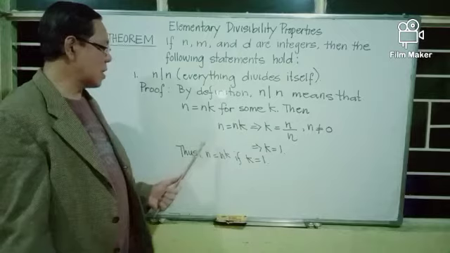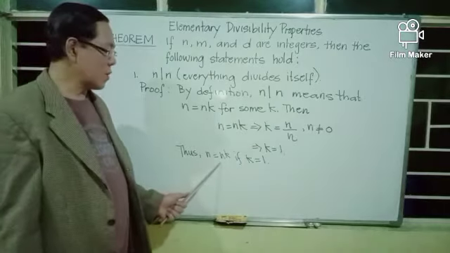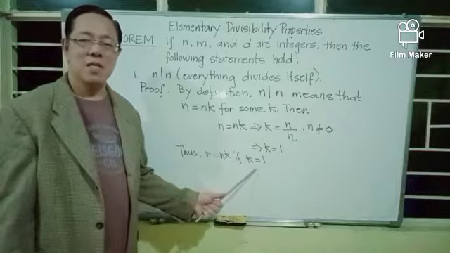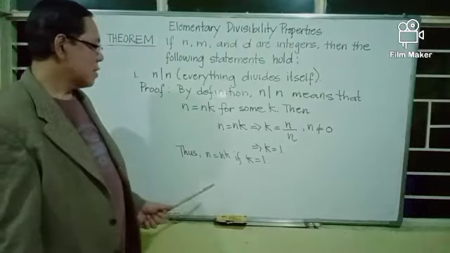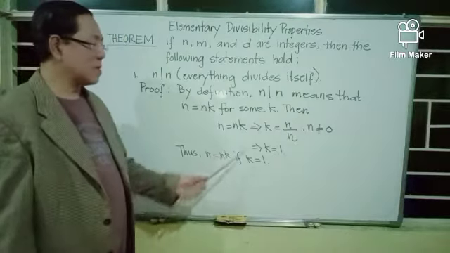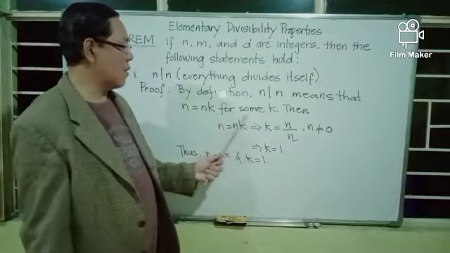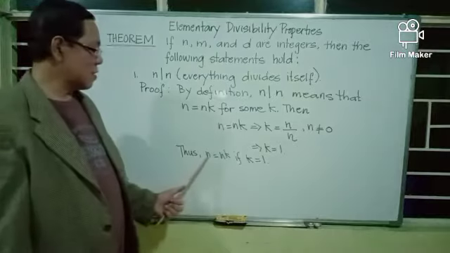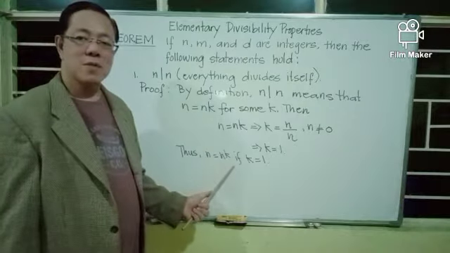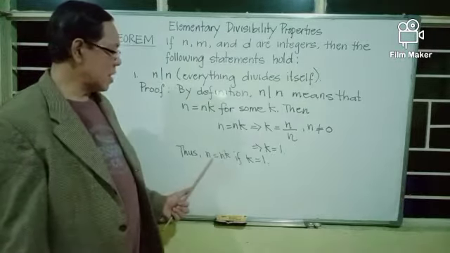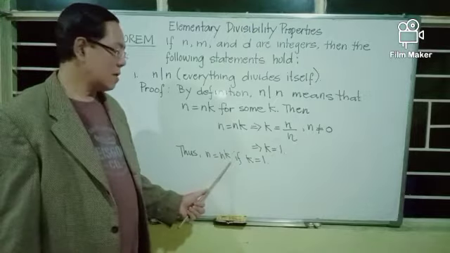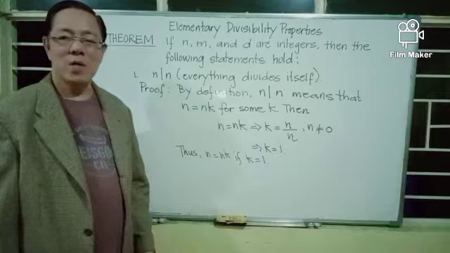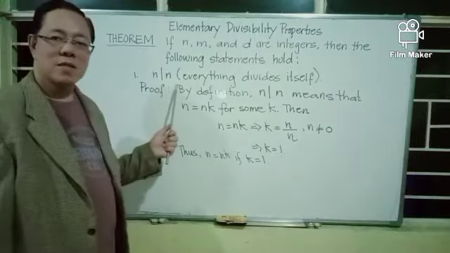Thus, we have shown that n is equal to nk if the integer k is equal to 1. Because there exists some integer k, specifically k is 1, such that n equals n times k, or n times 1 is n, we conclude that n divides n.